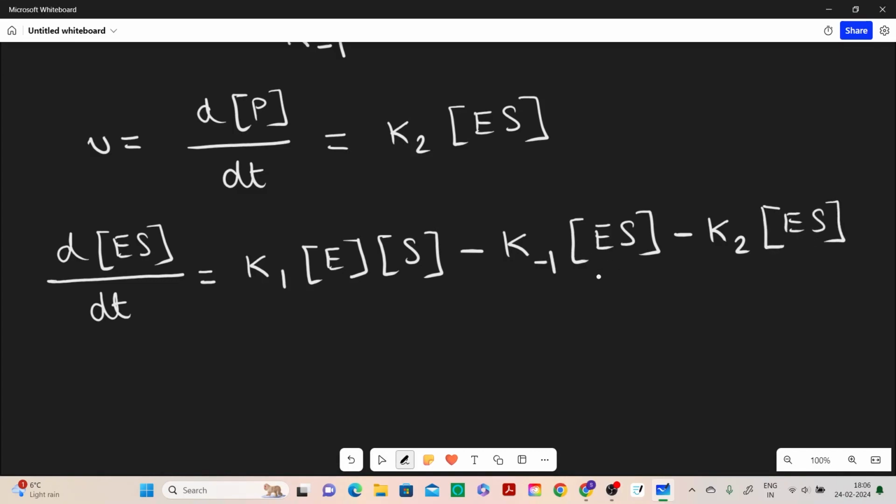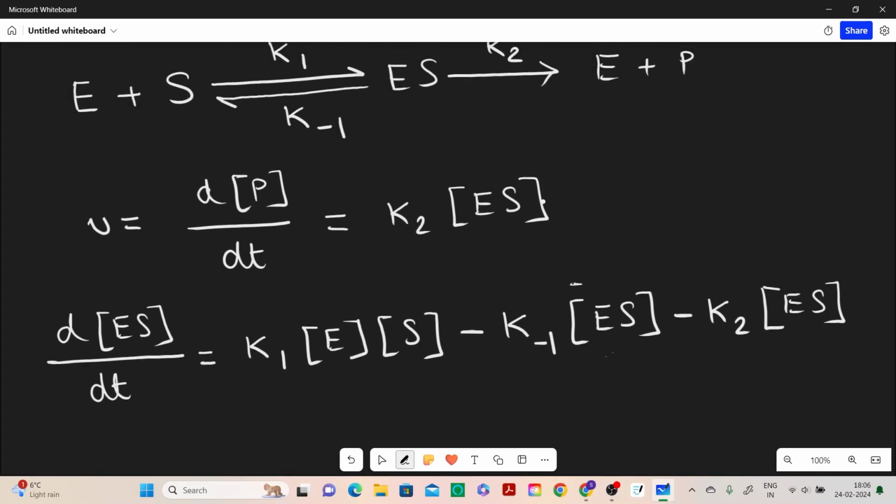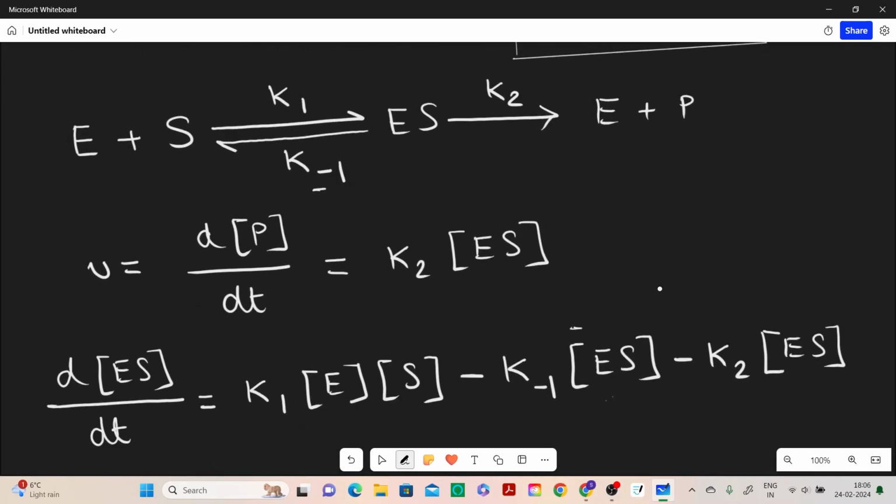So this part here is from this portion, and this part is from this portion, and this part is this. So this is adding to the amount of enzyme-substrate complex, this is reducing, and this is also reducing the concentration of it.